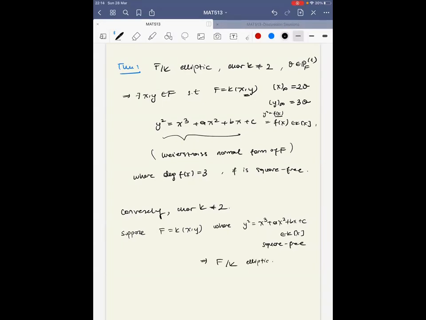So that means it has genus 1 and there exists a rational place. However, to be able to see that, we need to consider the extensions of algebraic function fields in chapter 3. So in general, it's not easy. But at least we can say that we have the characterizations. Whatever you see in the elliptic curve course, in the definition of the elliptic curves, will be essentially the same in terms of the elliptic function fields.